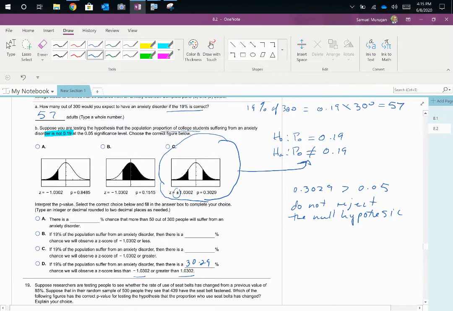If 19% of the population suffer from anxiety disorder, then there is a 30.9% chance that we will observe a z-score less than 1.302. So that is the surprise level. Okay, all right, moving along.